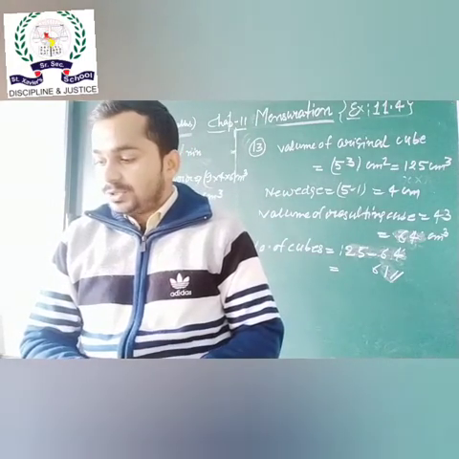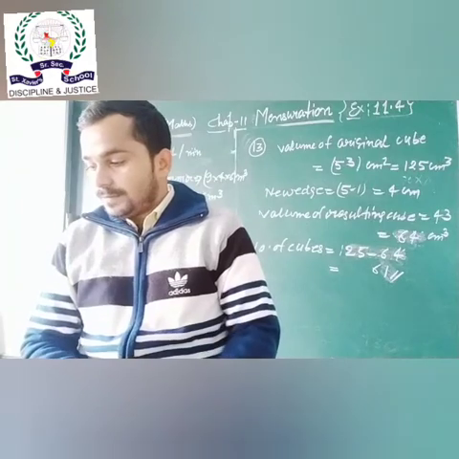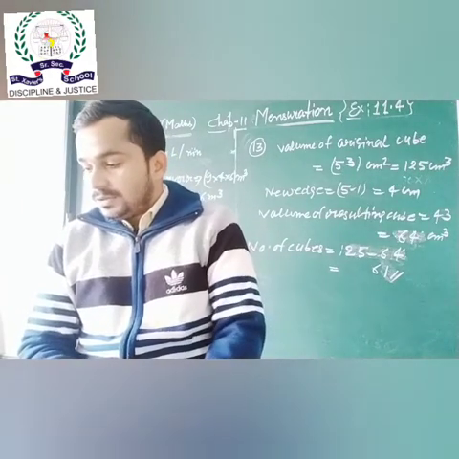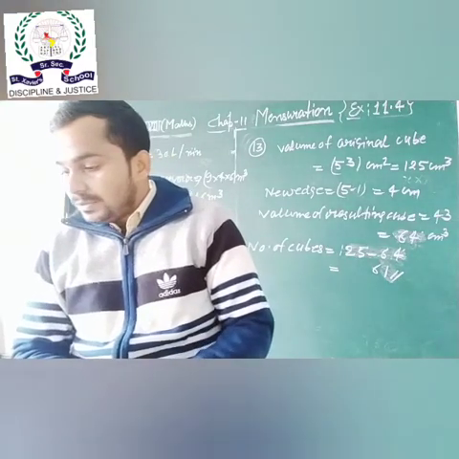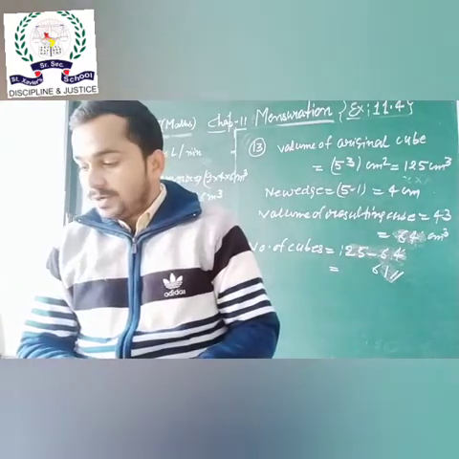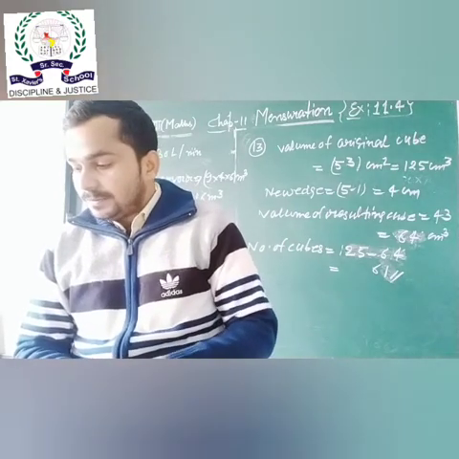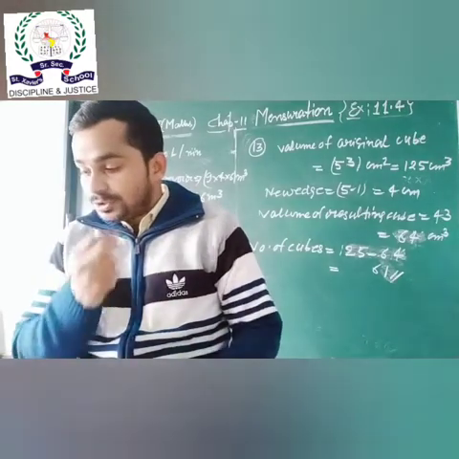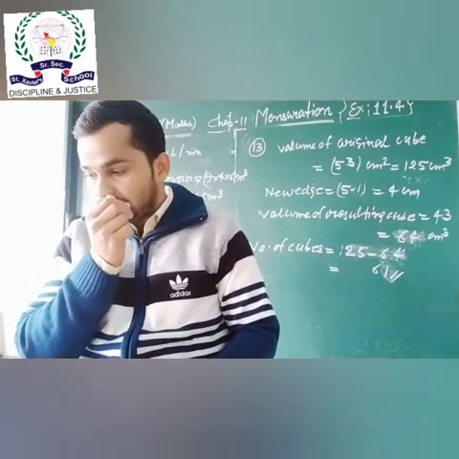Then how many cubic meters of water is lost on that day? Find the new value when the water level is dropped, then subtract the new value from the original value. So we get how many cubic meters of water are lost on that day.